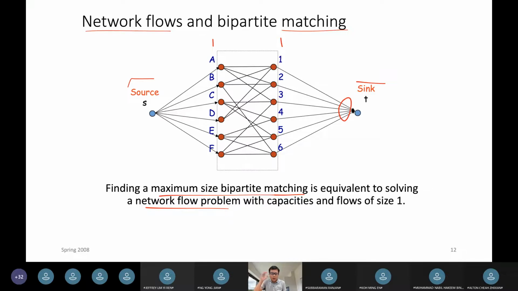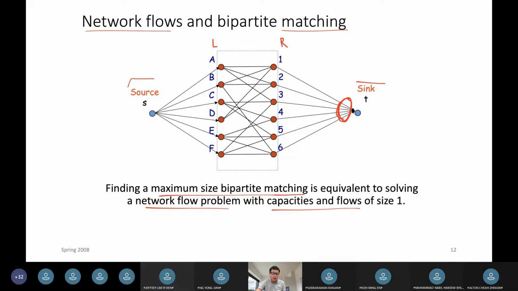So it's exactly the same, right? If it can match from the left-hand side to the right-hand side, it will flow into the sink. So we just count the total here, then we can get the maximum number. And because we convert the bipartite matching into a network flow, the capacity of each edge and also the flow is 1.